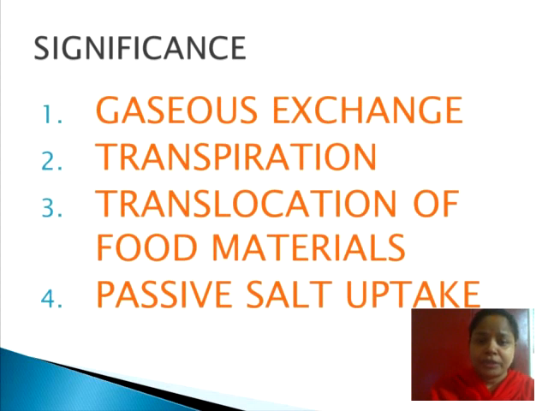Now, translocation of food materials. All of you know the food materials are synthesized in the leaves, but they are translocated to other parts also, like stem and root. How does this translocation occur? The carbohydrate from the source moves towards the sink in a diffusing manner.